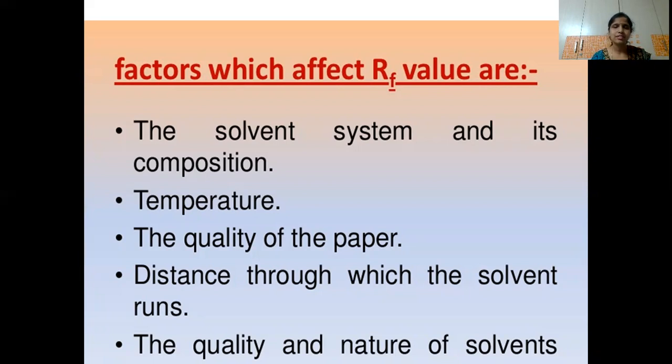Then we have seen why some components travel to a larger extent and some to a smaller extent. That is based on their adsorption or affinity and also the solubility. And then we have seen the Rf, that is the retardation factor, which should always be less than 1.